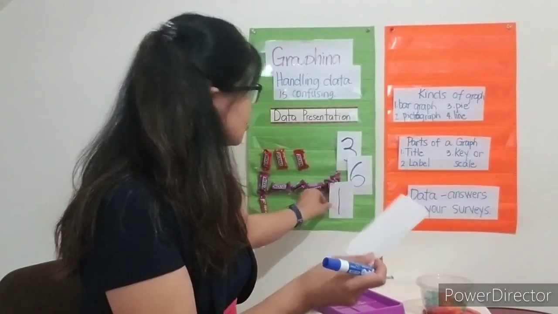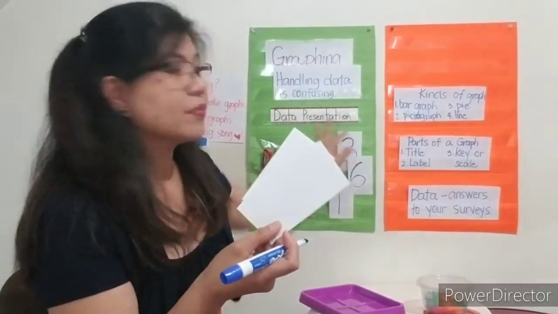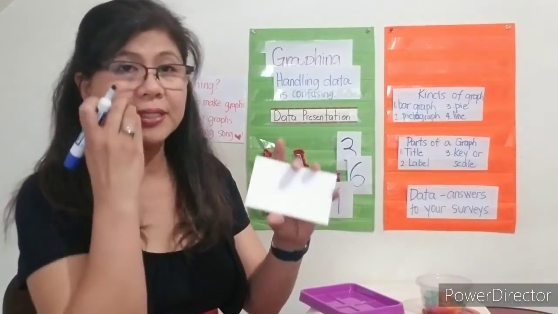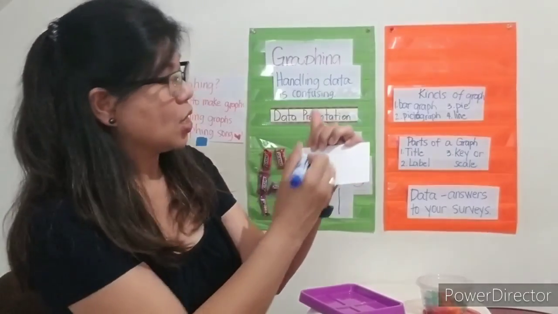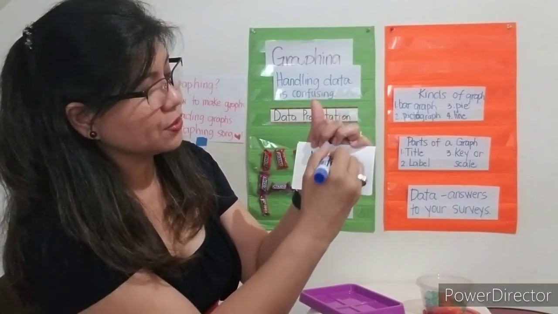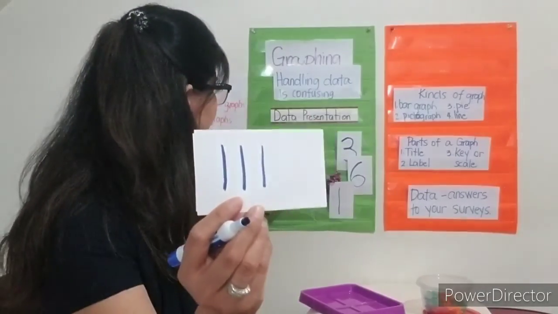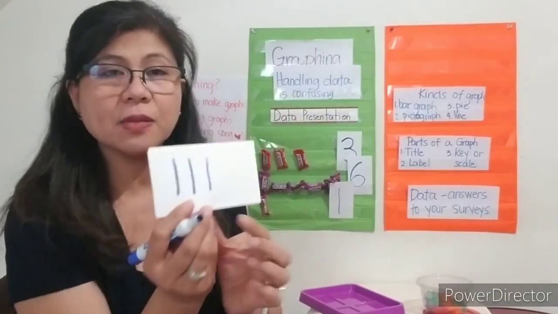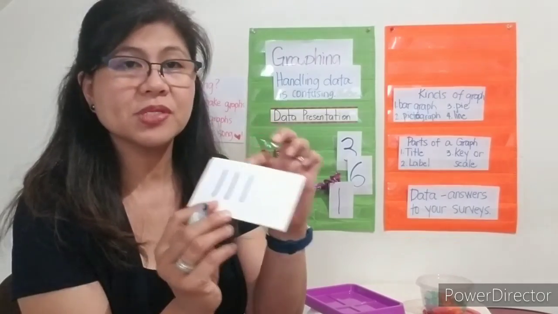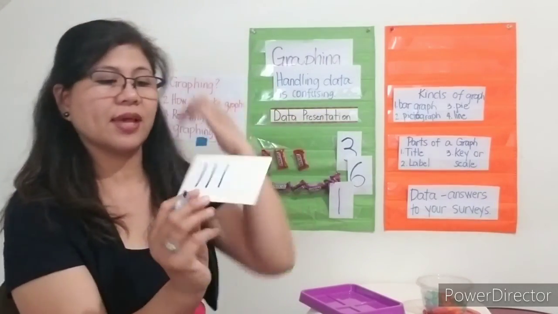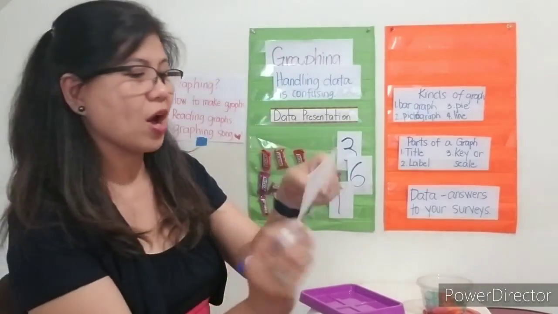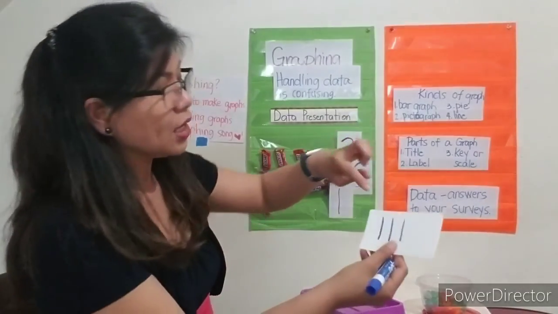Now, we can also use tally marks. How do we represent 3 with a tally mark? Okay, count with me. 1, 2, 3. We stop at 3 because there's only 3 red chocolates. Remember, we said tally marks represent the number of objects, okay? And each tally mark is for one object. 1, 2, 3, 1, 2, 3.